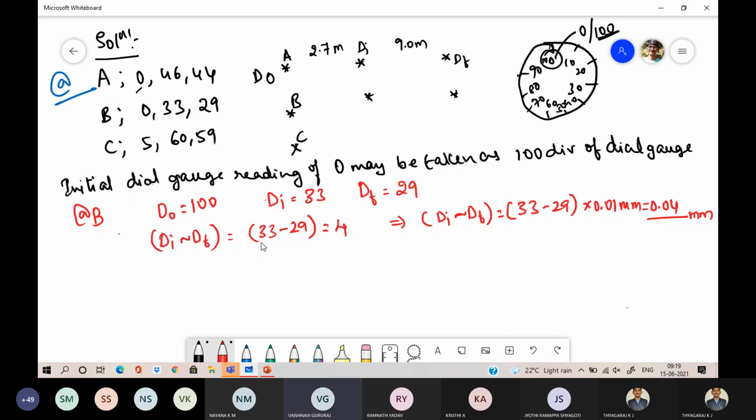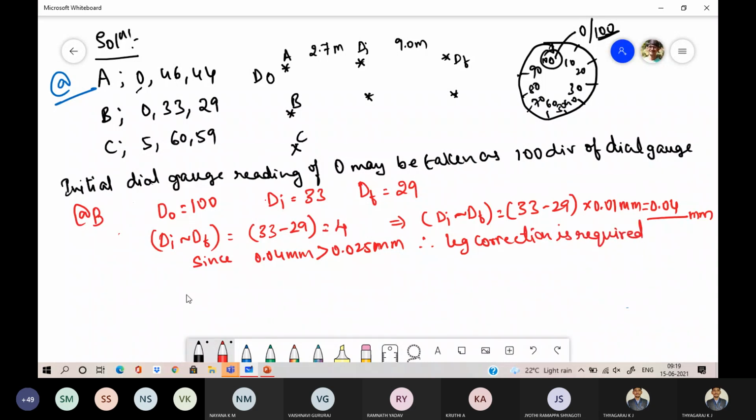Yes, we have to, sir. Since 0.04 mm is greater than 0.025 mm, therefore leg correction is required.